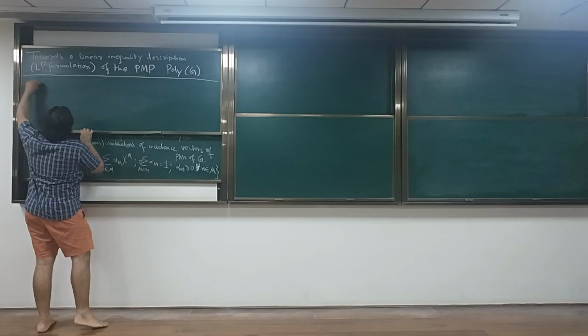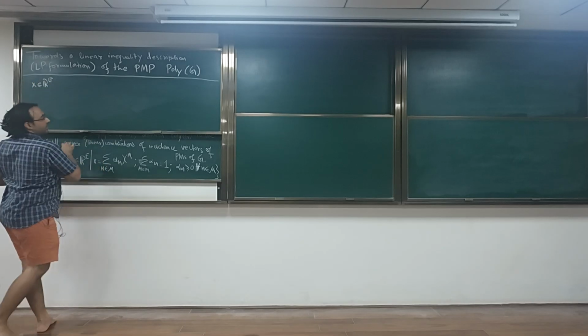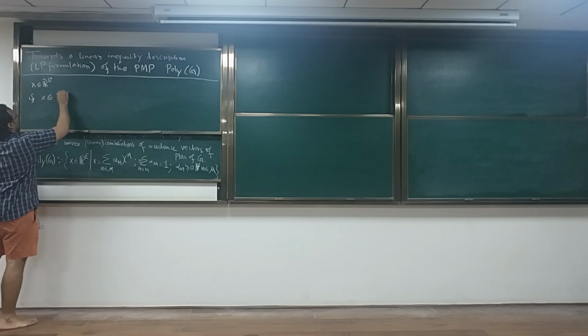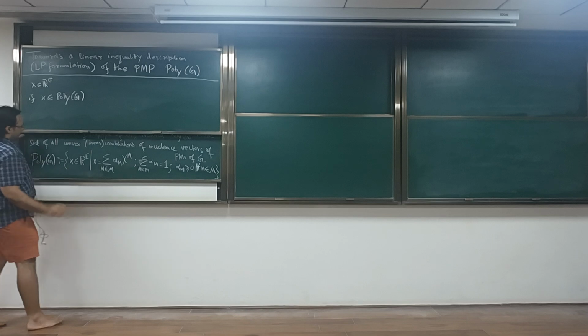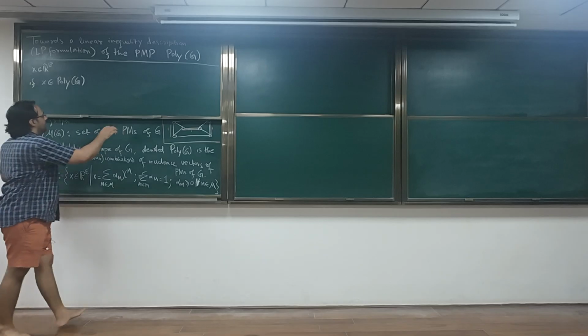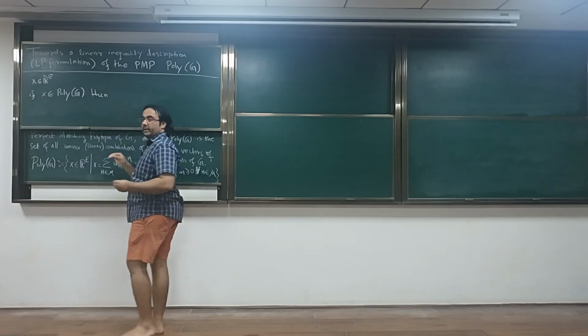So let's say x is a vector in the edge space. If x belongs to the perfect matching polytope of the graph G, by the way, I've written the definition of the perfect matching polytope formally here, what is clear is that the vector is non-negative.